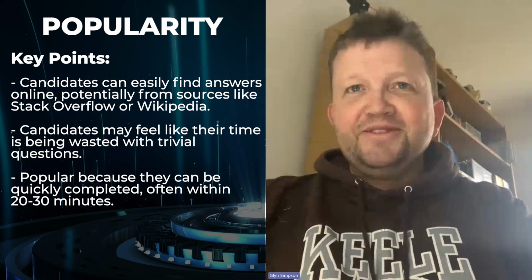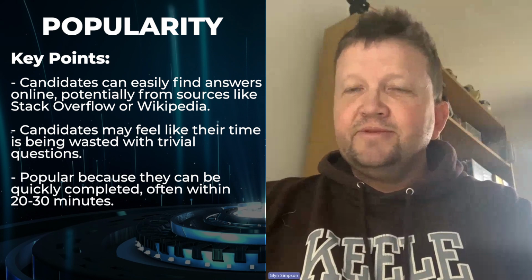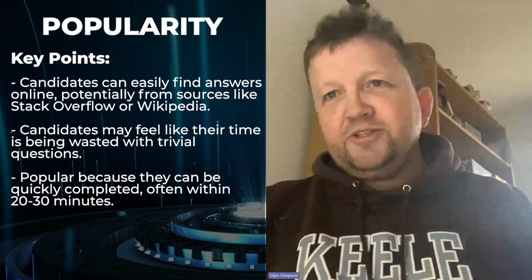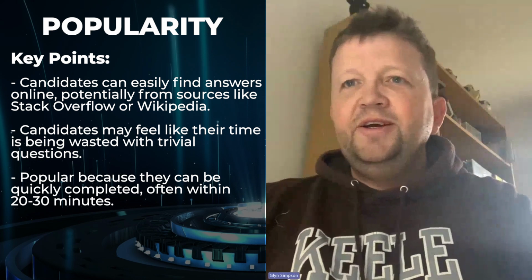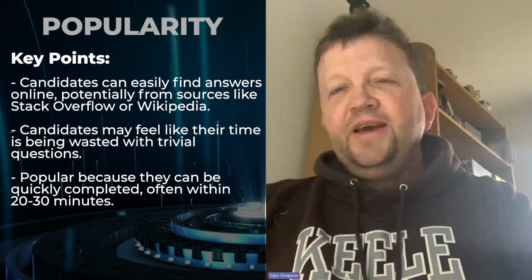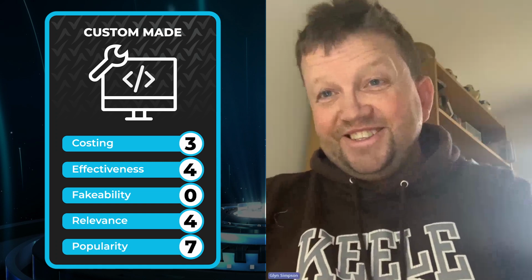Usually it's not a problem because you can easily blast through it in 20 minutes, half an hour or something like that, depending on how many questions and what type of questions. But if it's just, can you name 3 access modifiers? That's going to take 2 seconds on Wikipedia and just copy and paste.